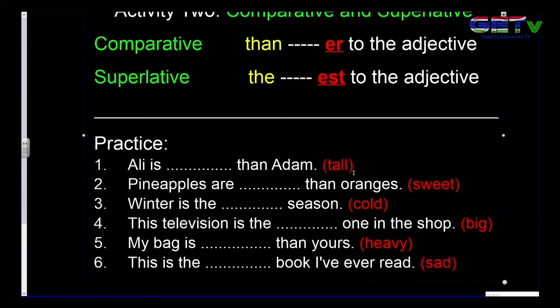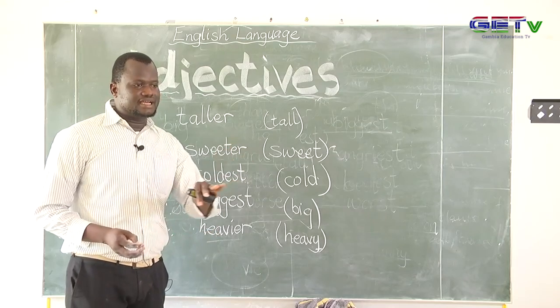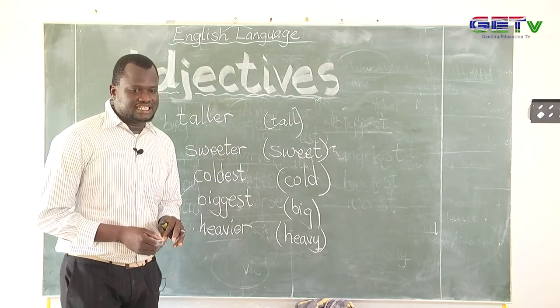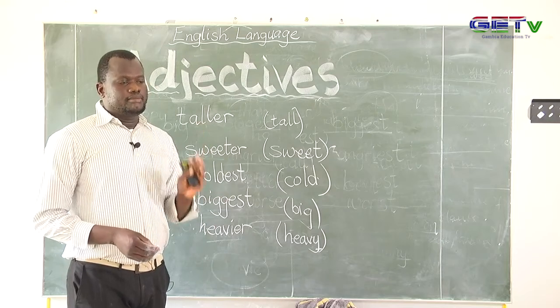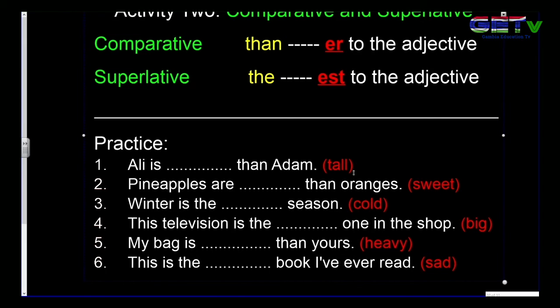But before we add er, remember the adjective ends with y. What do we do? We change that y to i, and then we add er. And now it becomes what? Heavier. Now we put heavier in the blank, and now let me read the sentence. My bag is heavier than yours.